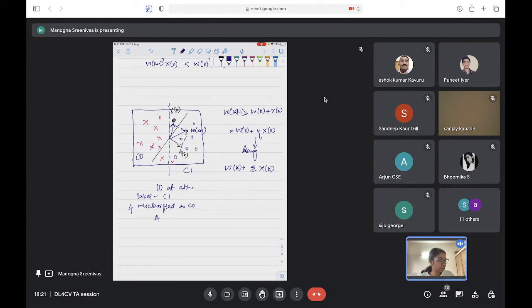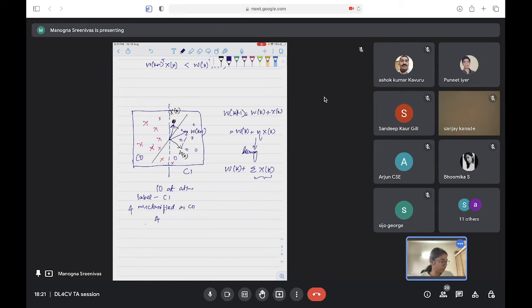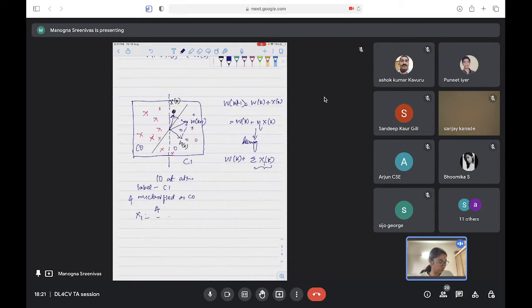In such cases I will use all the 4 samples here to update my weight. So this is the batch version of this perceptron learning algorithm. I'll index xi, so I have x1 to x10. Say suppose x2, x4, x5, x6 are misclassified.